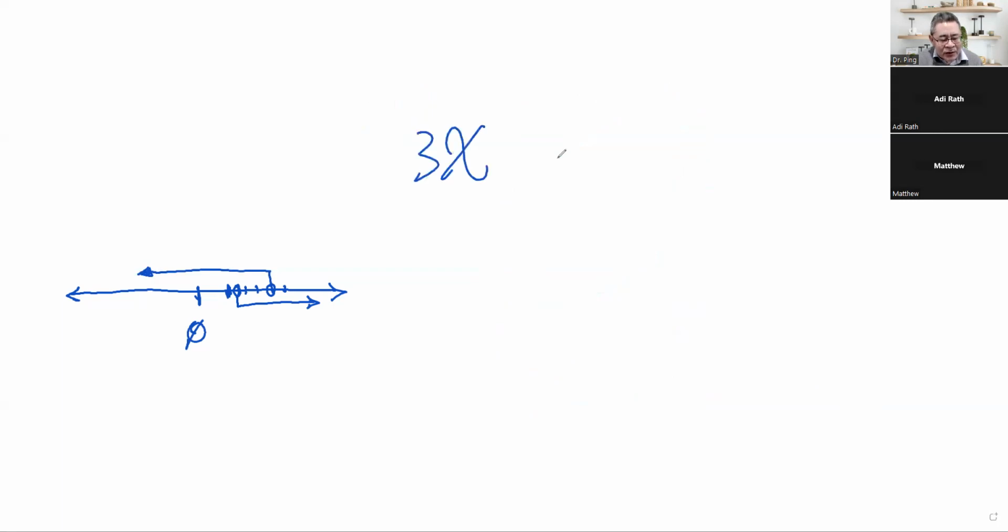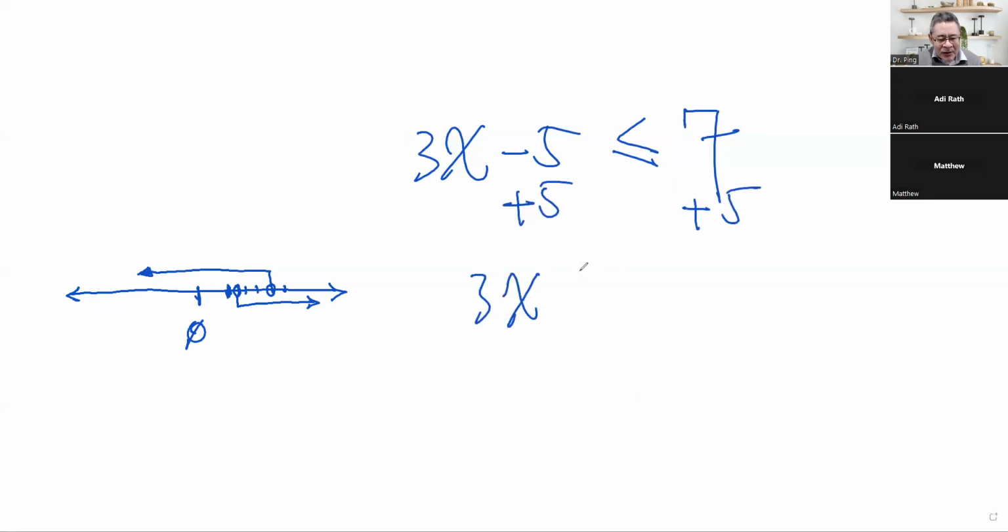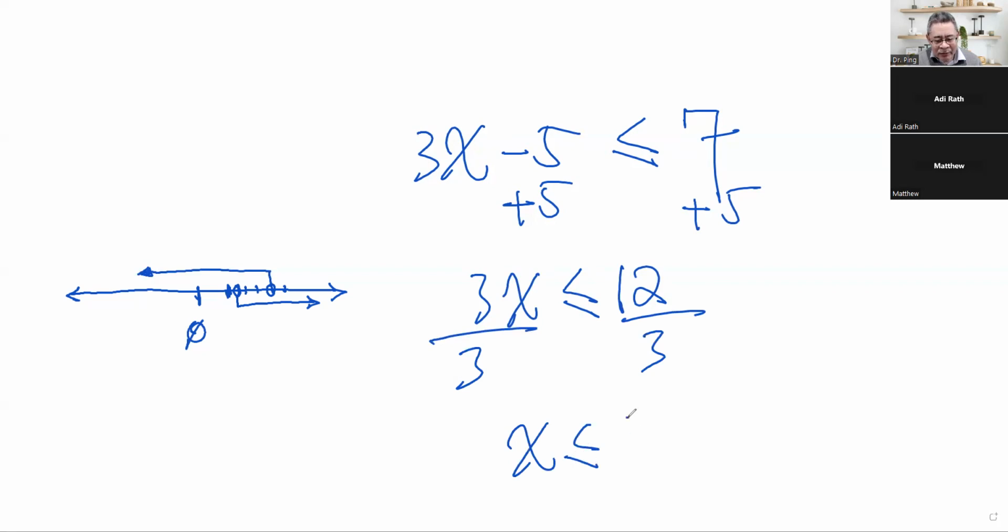So 3x minus 5 less than or equal to 7. Then we add 5 on both sides. Then 3x is less than or equal to 12. And we divide by 3. Then x is less than or equal to 4.